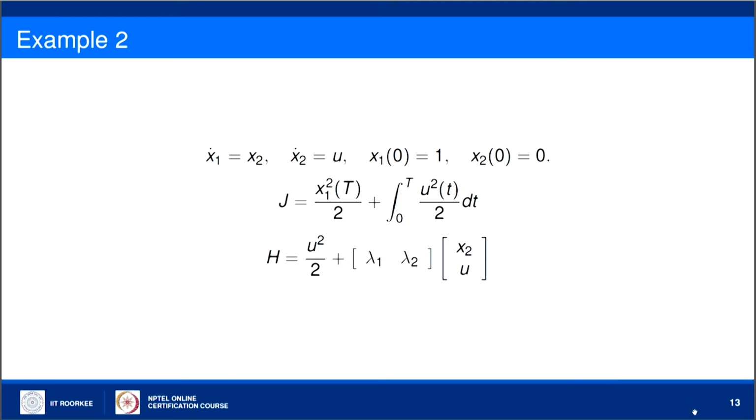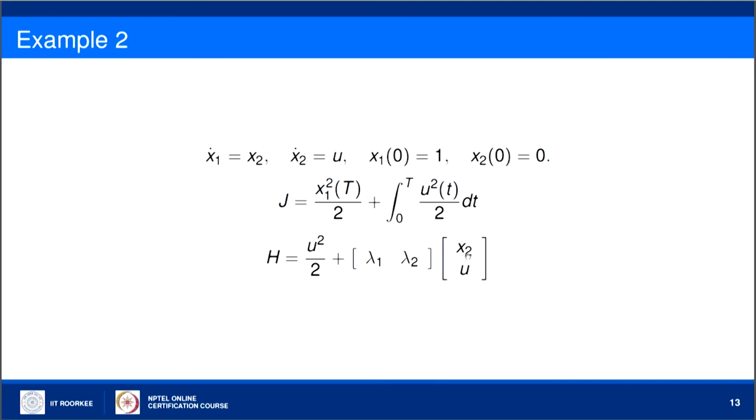So, these are the two things, and H is equal to capital F function plus lambda times small f function, which is given in the right hand side of the equation, x2 and u.